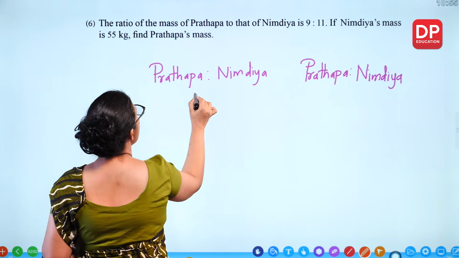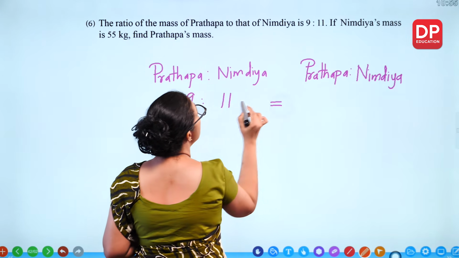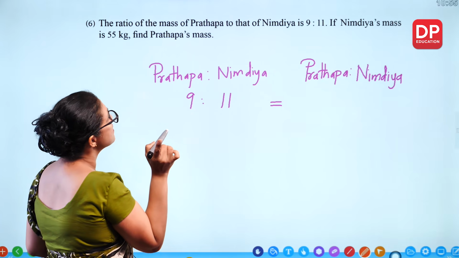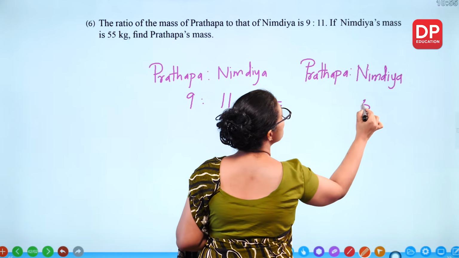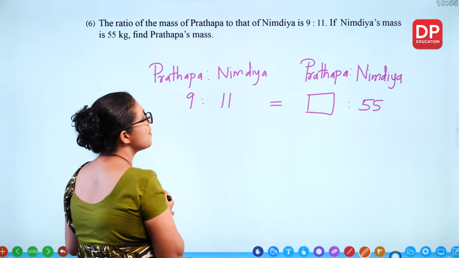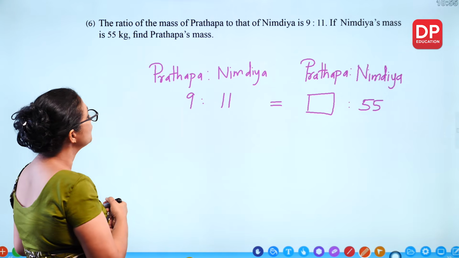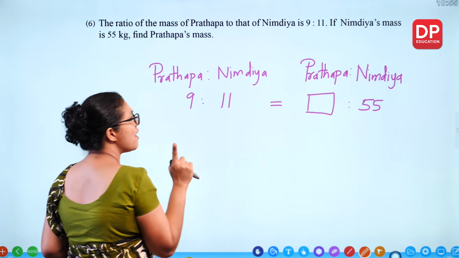What's the ratio? 9 to 11. And the mass for Nimdiya is 55. And you are asked to find out Pratapa's mass. So how do you do it? 11 becomes 55, multiplied by 5.